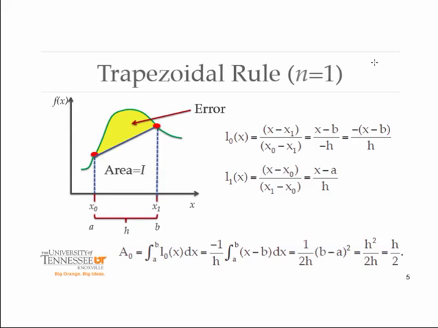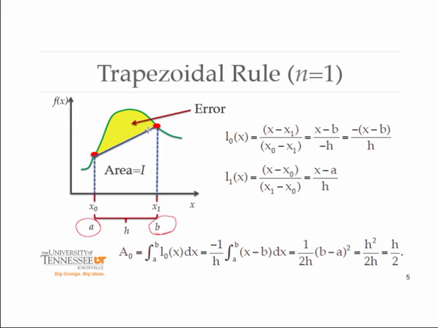As indicated on the next slide, if you only have 2 points as you go from a to b, so if we're integrating from a to b, the green curve is the function, and we're only going to build an interpolant to those 2 points. So x0 is a, x1 is b, and clearly what you see is a straight line. That's the interpolant.